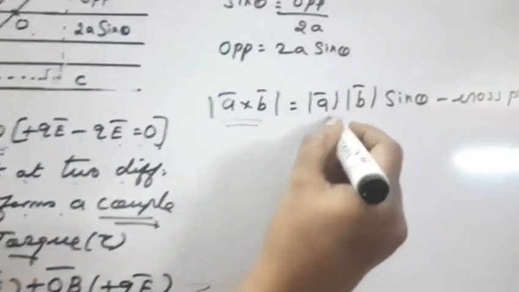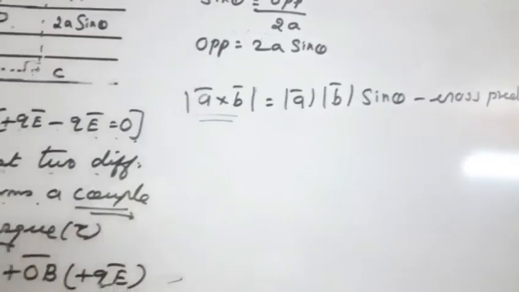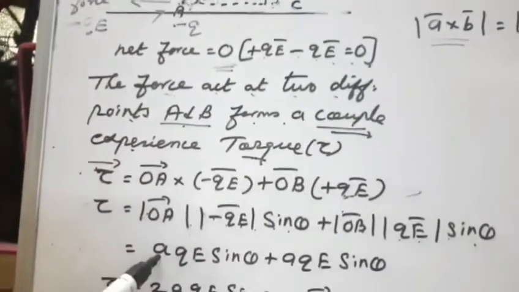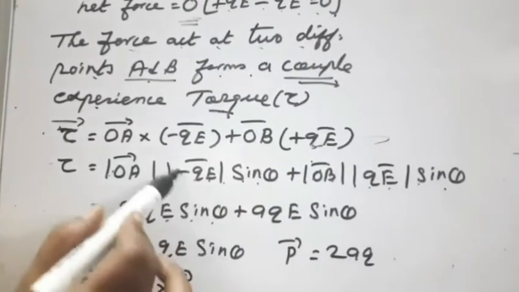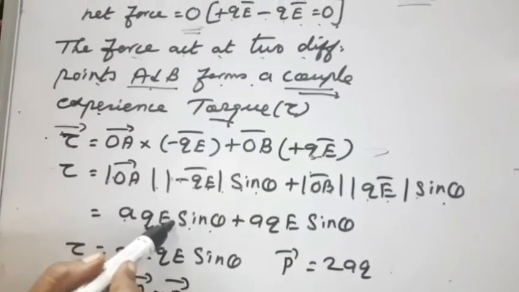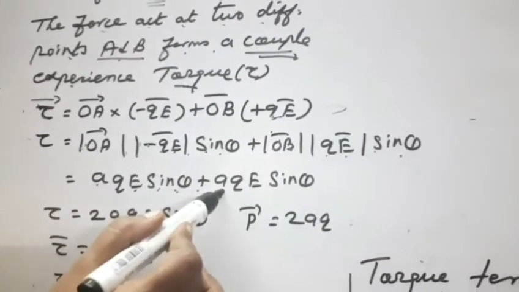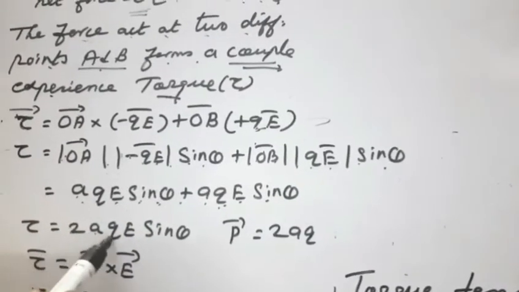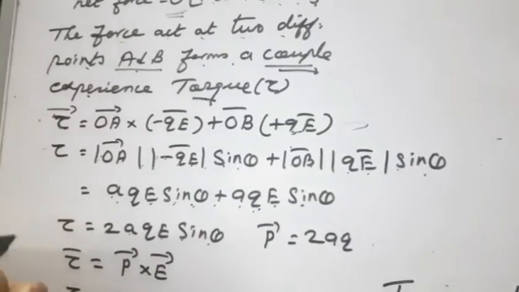This is a cross product, that is A cross B equals modulus of A modulus of B sin theta. Now the value of OA equals a, so we neglect the minus sign for this expression, and sin theta plus again aqE sin theta. Totally it is 2aqE sin theta. This is known as the magnitude of torque.